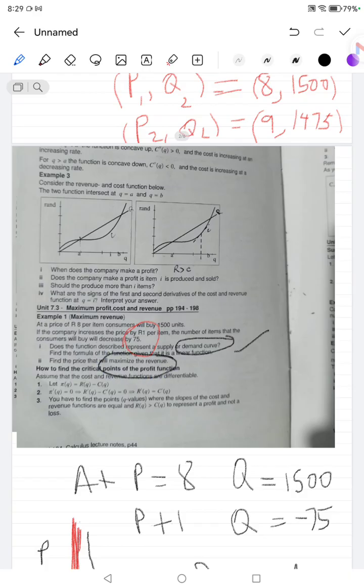So what do you guys think about the second question? What are we going to do? Anyone?